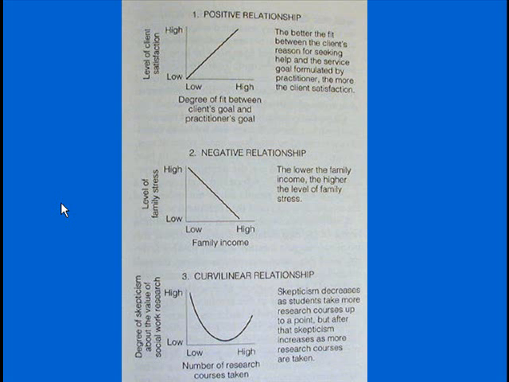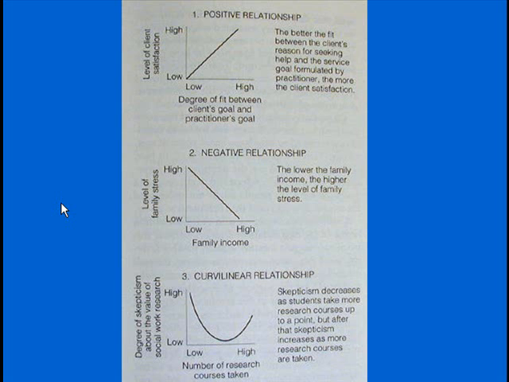Here's their example of a curvilinear relationship. They're looking at the relationship between the degree of skepticism about the value of social work research and the number of research courses taken. What they're proposing is that it's not a linear relationship.